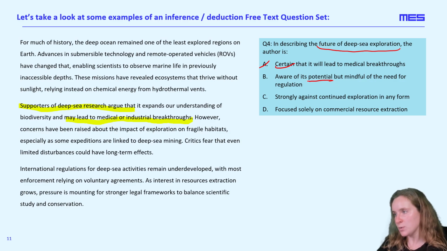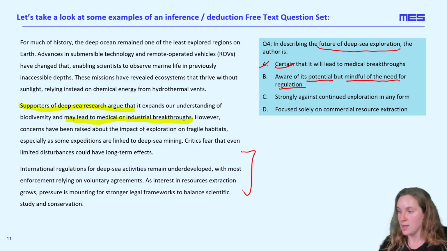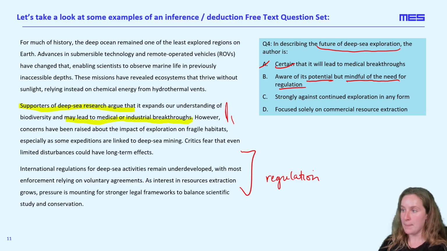Okay, we saw quite a lot of potential in the different people's presentations of breakthroughs and concerns. And this phrase, mindful of the need for regulation. We said in the last question, this is all about regulation here. And here we have our potential.